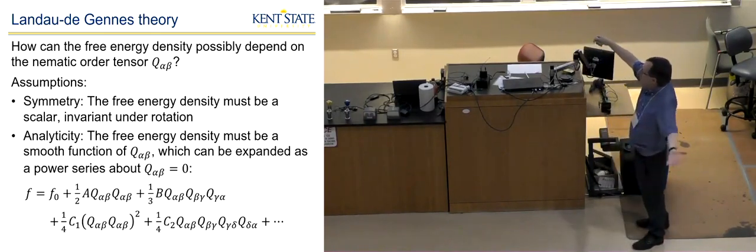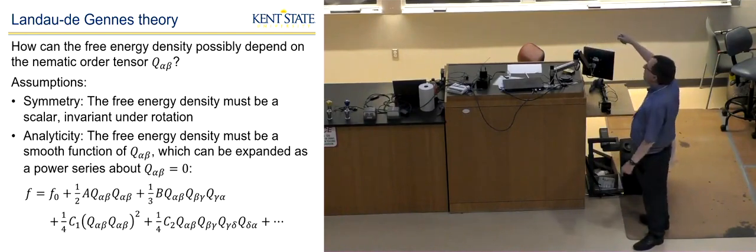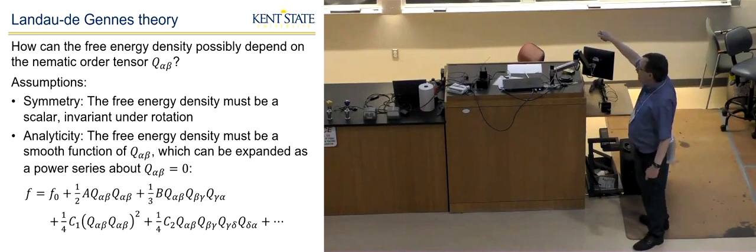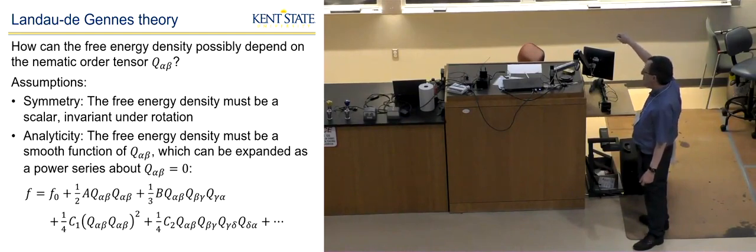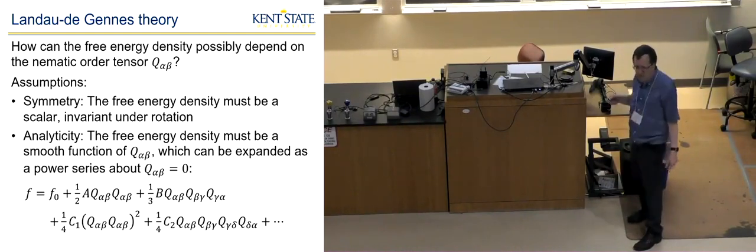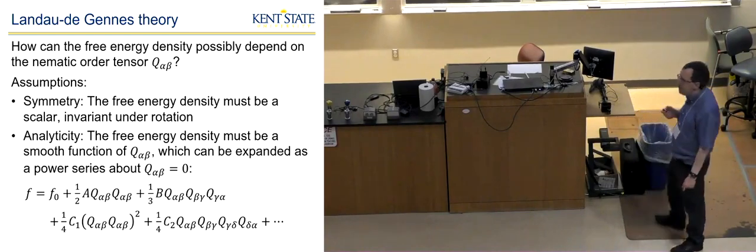That's fine. We can put that in the list of possible terms. We could make a cubic combination like this. We could make a fourth order combination. Actually, we can make a couple different fourth order combinations like that.